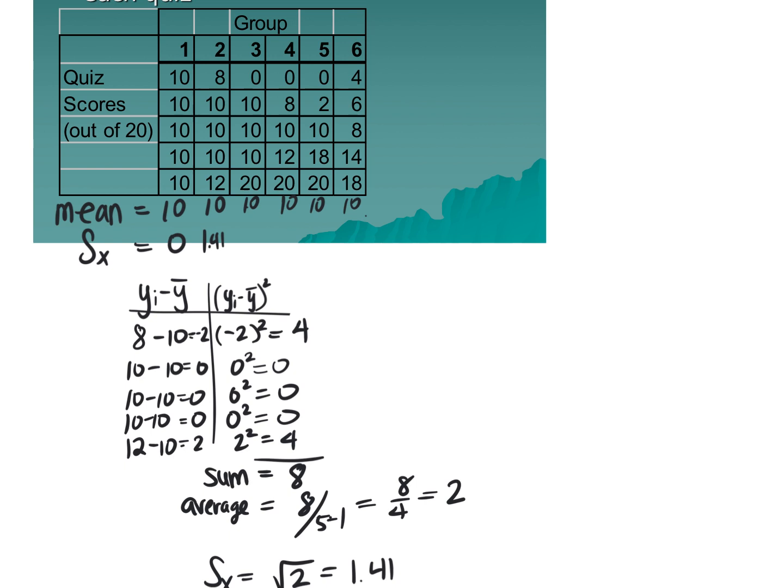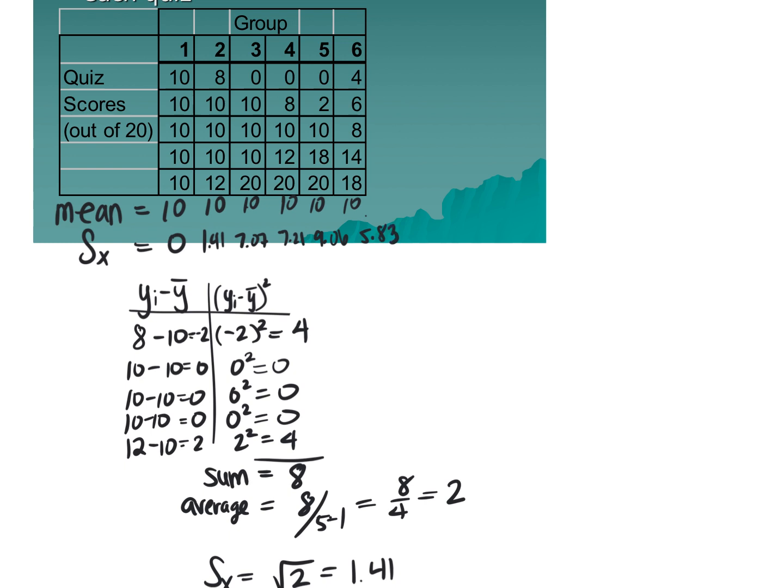Do we have an answer for group 3? 7.07. What about group 4? Group 5? Group 6?